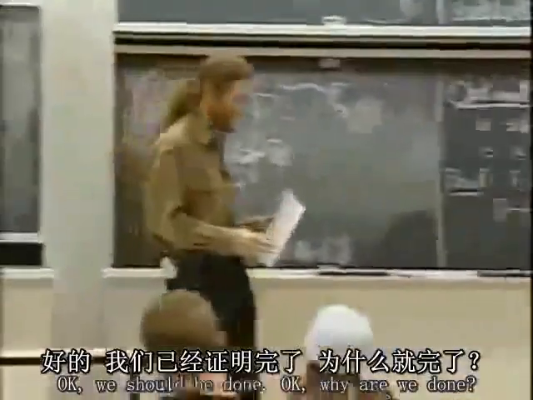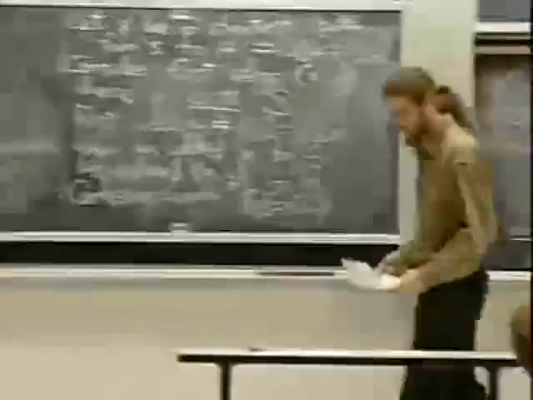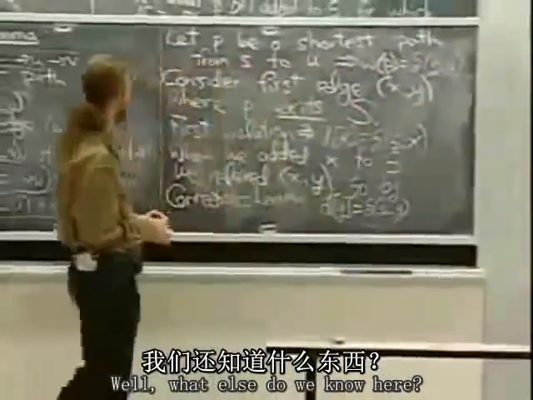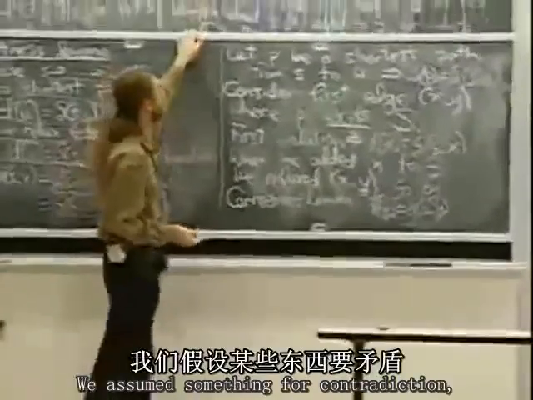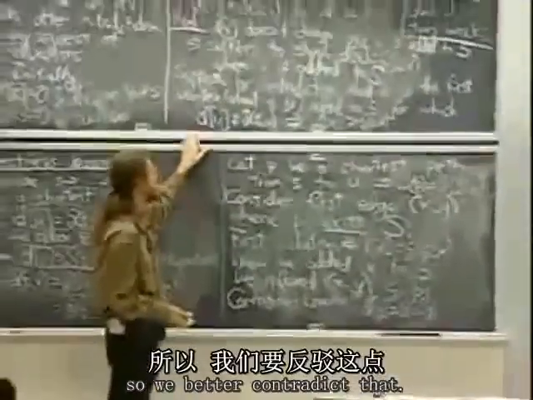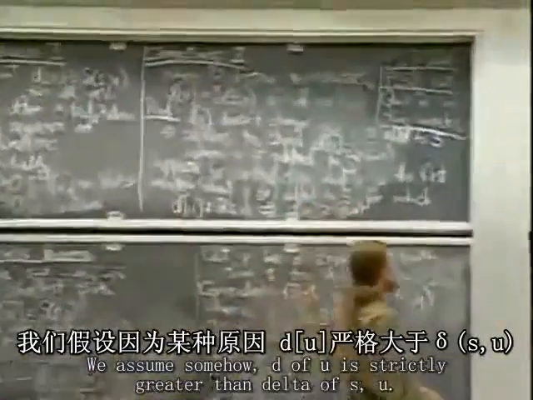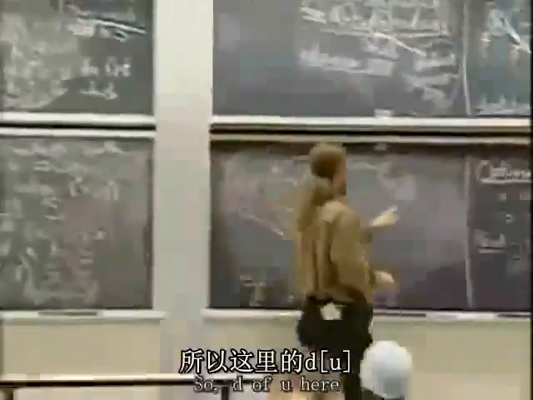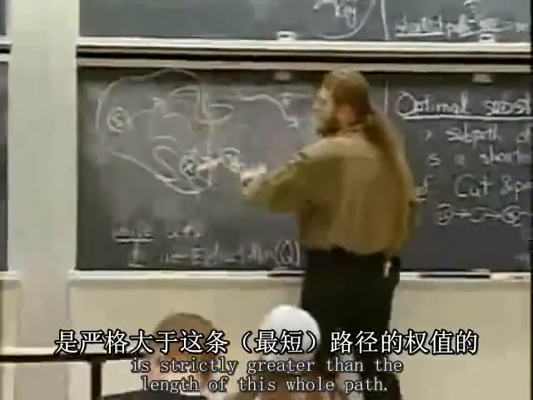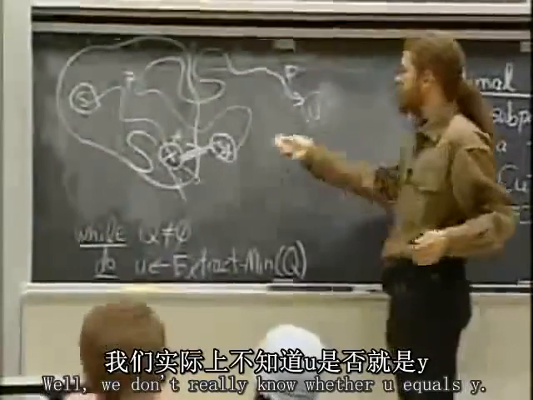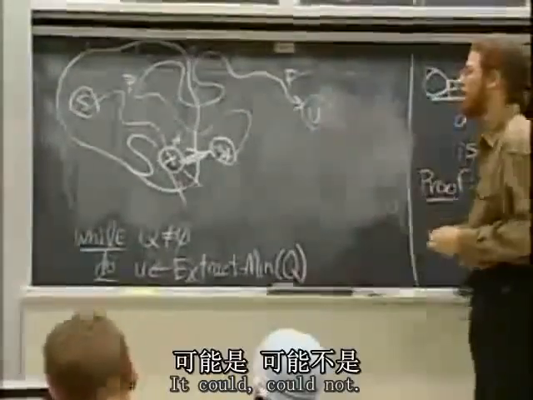Okay, why are we done? Well, what else do we know here? We assumed something for contradiction, so we better contradict that. We assumed somehow d of u is strictly greater than delta of s comma u. So d of u here is strictly greater than the length of this whole path. Well, we don't really know whether u equals y. It could not.